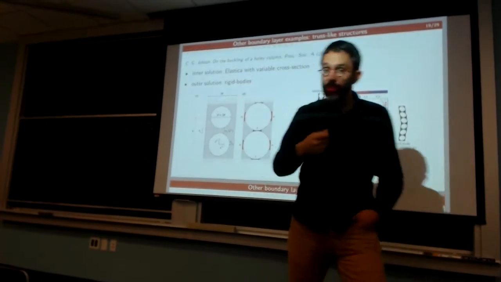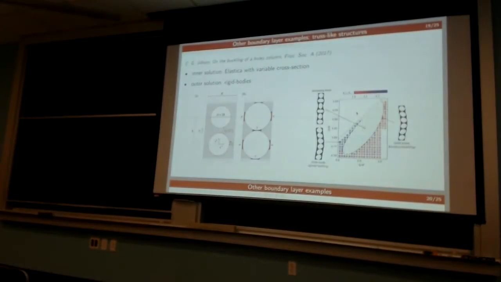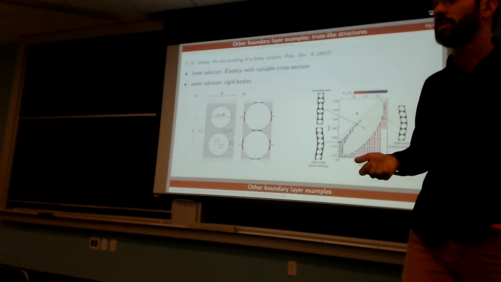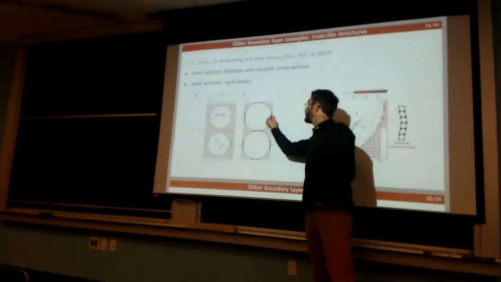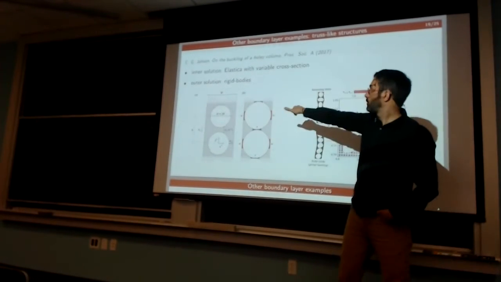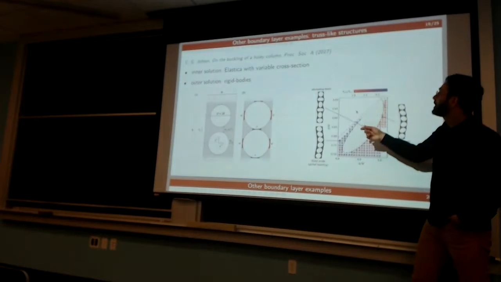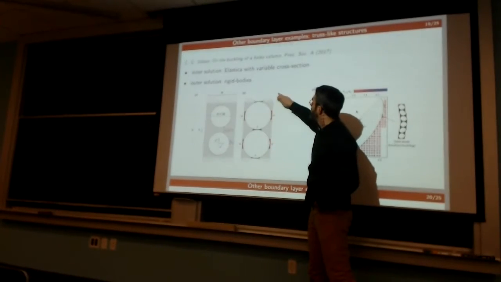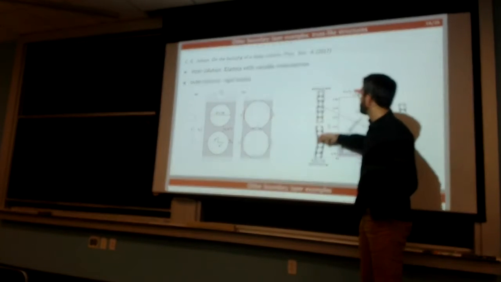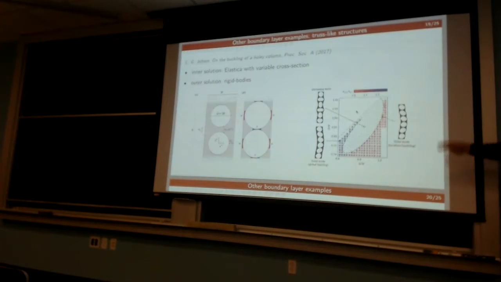And it's exact in some sense, right? There's no approximation in doing that. It's going to be asymptotically correct when this length is much smaller than the width of the body, right? Then you have a series of hinges and rigid bodies, and you can use that to study the instabilities of this column, for example.